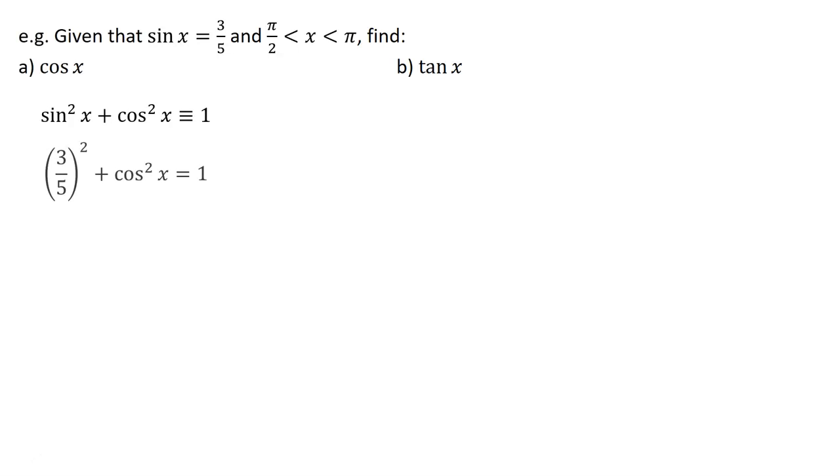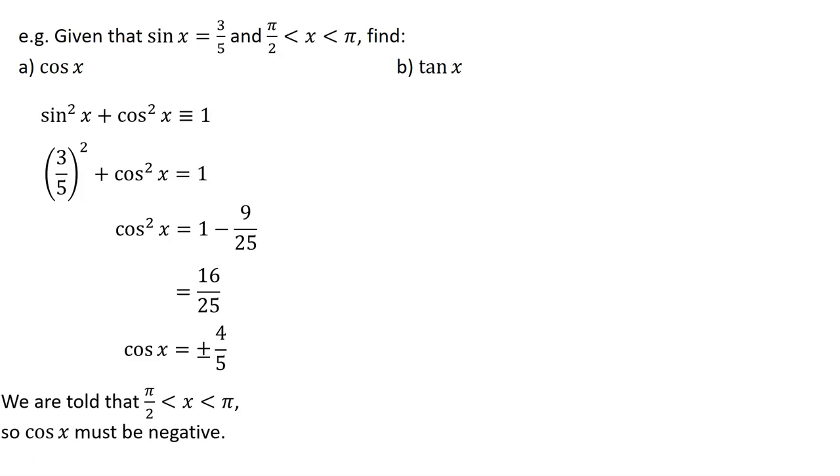I can substitute the value for sine x in, square that bracket and rearrange. This is 16 over 25, so I can square root. I know that cos is plus or minus 4 over 5. I need to know whether it is the positive one or the negative one. So I go back up to here, and I say to myself, x is in the second quadrant. In the second quadrant, only sine is positive, so cos must be negative, and cos x must be negative 4 over 5.